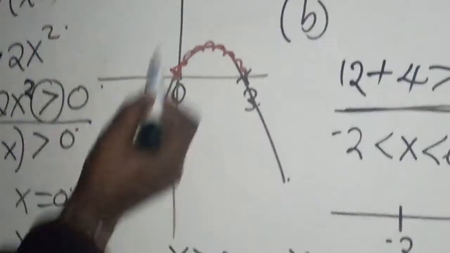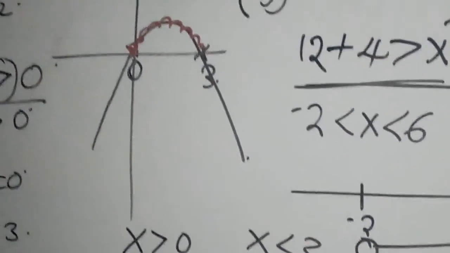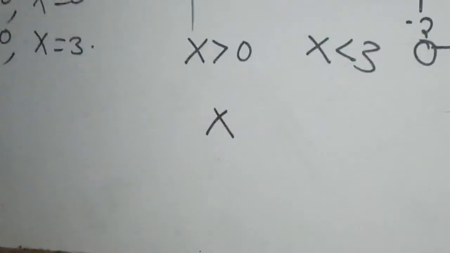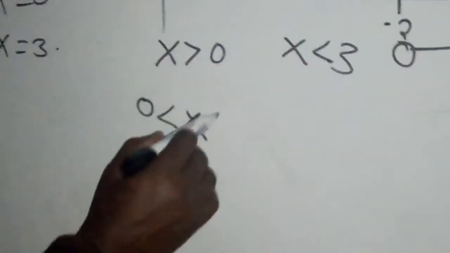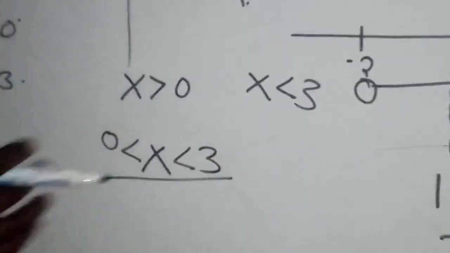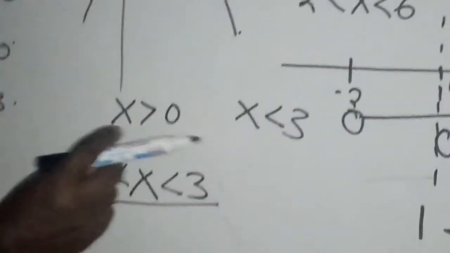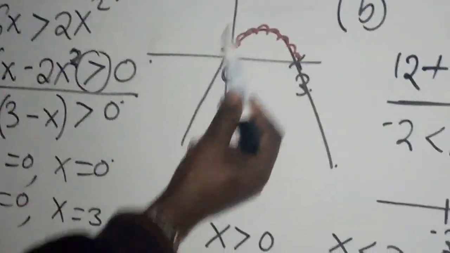And because it is a continuous region, we can combine the two inequalities to make a compound inequality, that x is greater than 0 and the same x is less than 3. It makes a lot of sense. So any value of x between 0 and 3 satisfies this inequality, because within that range the y is positive.